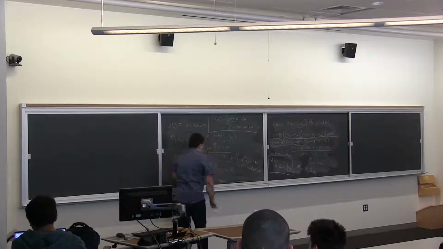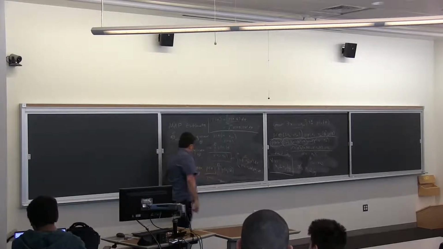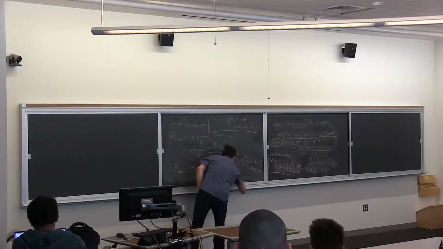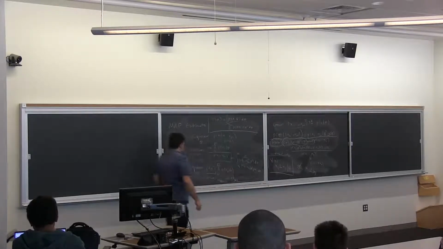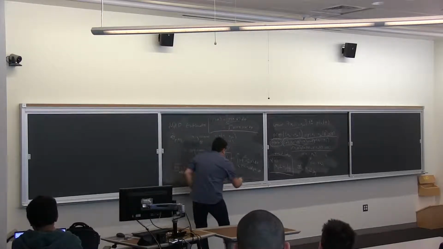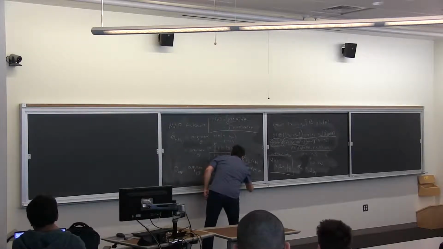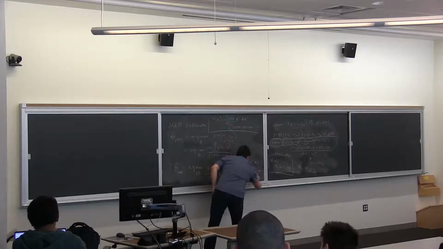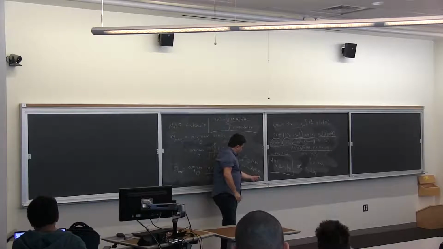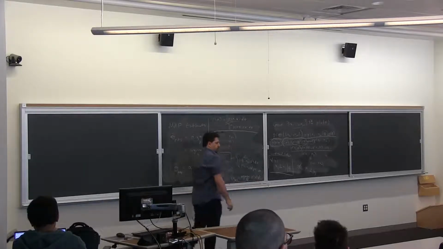So p of theta is a constant, so it doesn't depend on theta, and you can drop that, right? So this leads to the maximum likelihood parameter estimator, where you're just maximizing the likelihood of your data. So I'm going to just write it like this. I'm going to maximize how likely x is for a given value of theta.